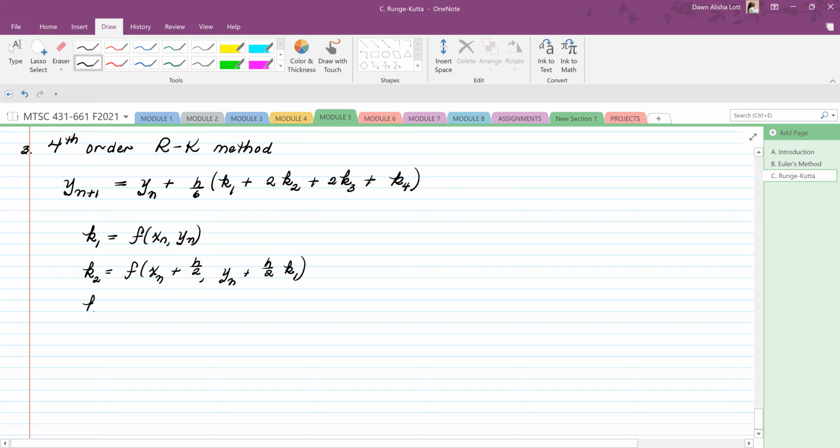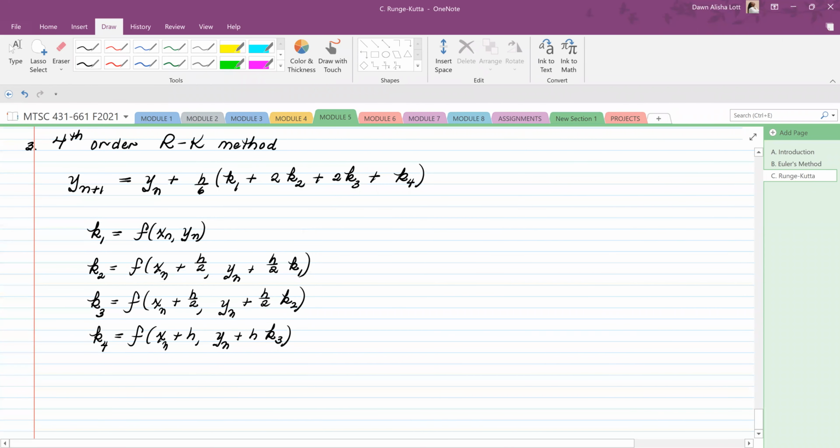And then k3 is f of xn plus h over 2, yn plus h over 2 k2. And then k4 is f of xn plus h, yn plus h k3. All righty, so here's the algorithm.